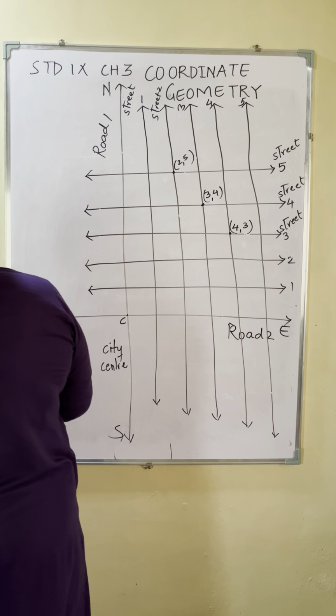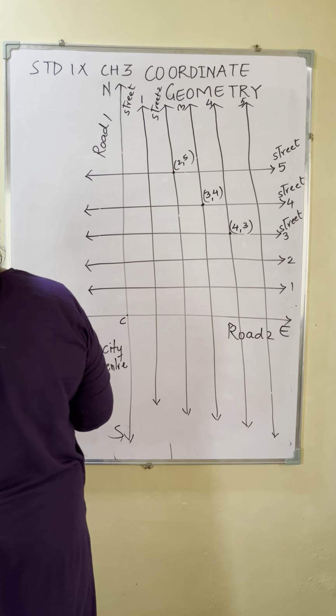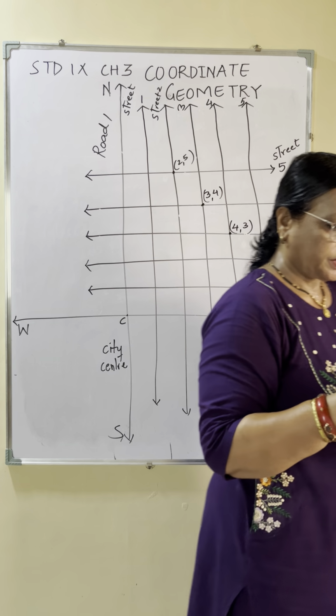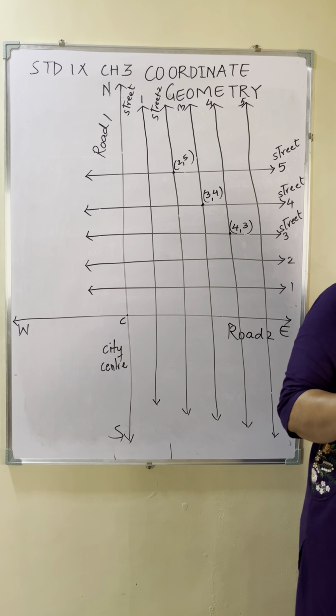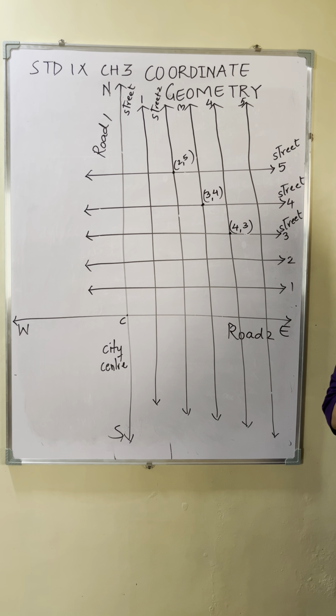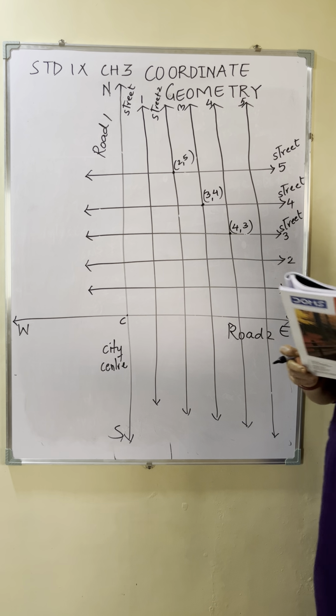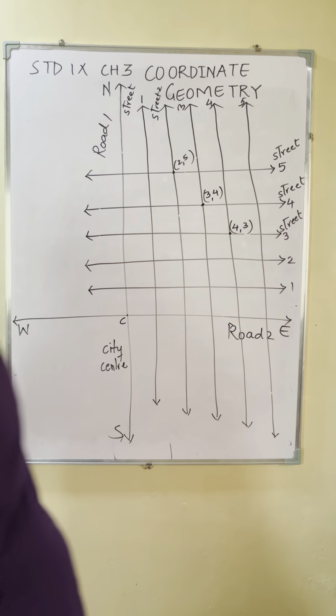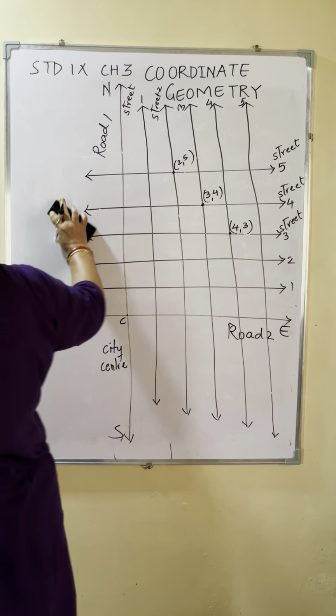Exercise 3.2, very easy. Write the answer of each of the following questions. What is the name of the horizontal and the vertical lines drawn to determine the position of any point in the Cartesian plane? Horizontal line and the vertical line drawn are called x-axis and y-axis.